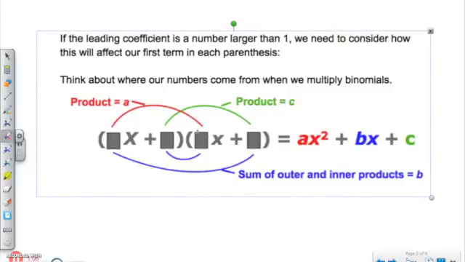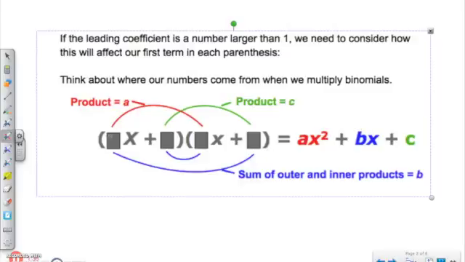To get the c, that comes from distributing, when we take the last two terms and multiply them together. Our outer and inner products, when we multiply the outside numbers and the inside numbers, give us our b.